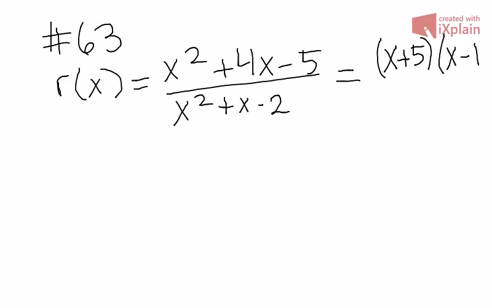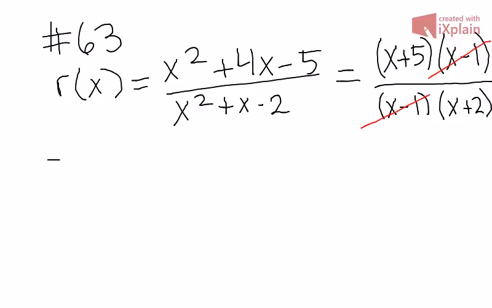Okay, so we're basically just simplifying this. What I do is I go ahead and factor. So factoring is not too tough, just kind of pulling things apart, and that way we can cancel. So go ahead and cancel those out there, and we get x plus 5 over x plus 2.